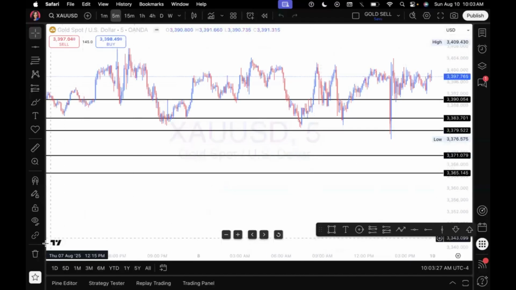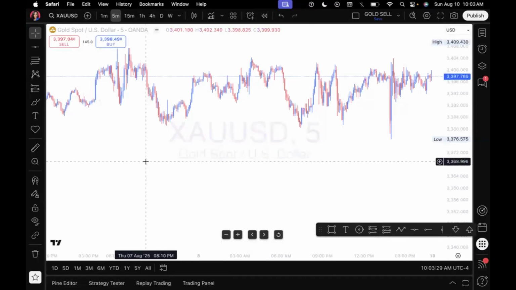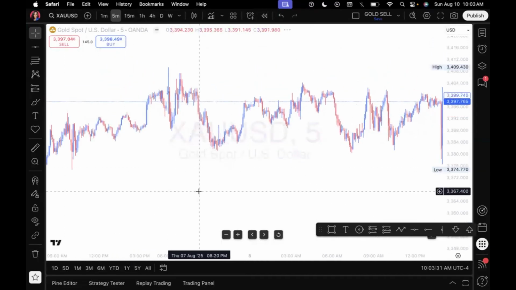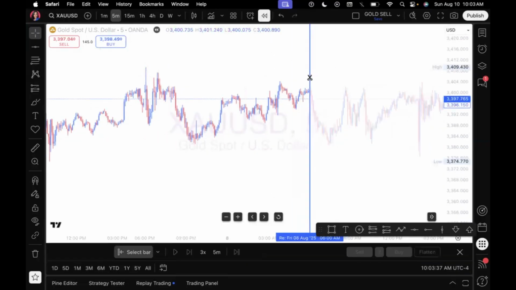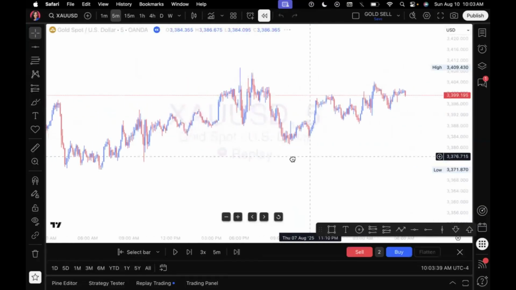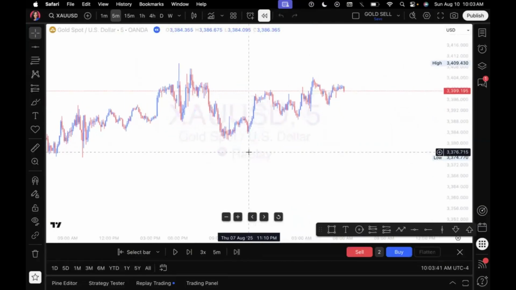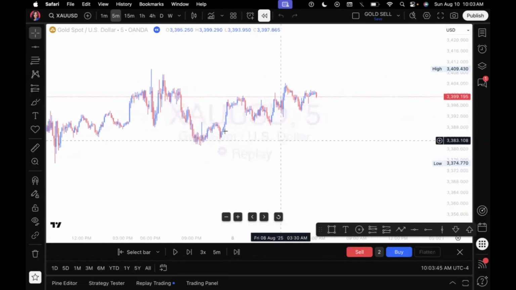So this strategy is extremely simple. All you have to do is set your support and resistance lines, wait for a break of structure, and then set your TP accordingly. That was a buy example, but let's look at a sell example so that you guys can see that it actually works both ways.